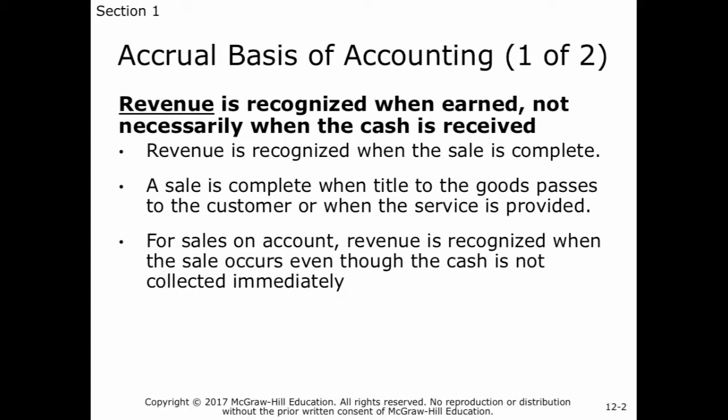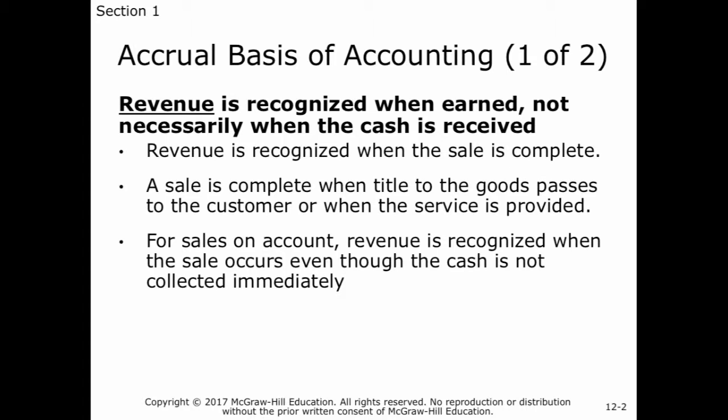We have been studying the accrual basis of accounting. And remember that the accrual basis of accounting is different than the cash basis of accounting. In the accrual basis of accounting, we have revenues, which are recognized when they are earned, not necessarily when they are paid. Financial statements are prepared using this system.